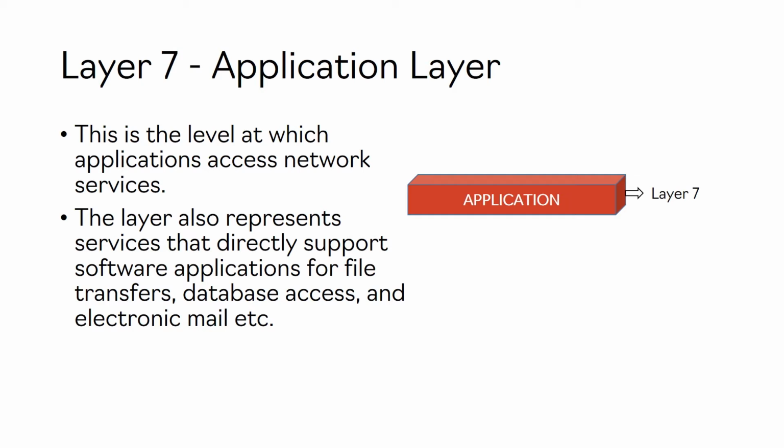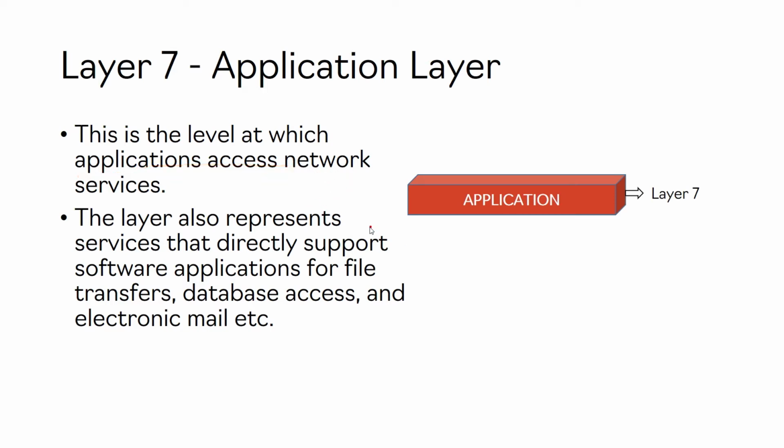So let's start by looking at the application layer. So what exactly happens at the application layer? The application layer is layer 7 of the OSI model, and it is the layer at which applications access network services.